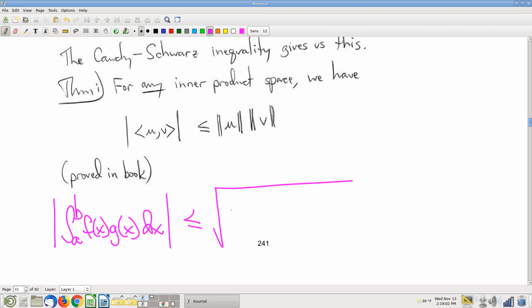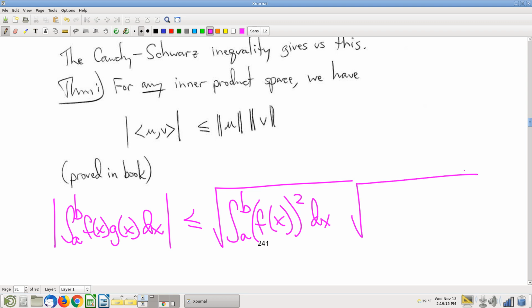Okay, I'm already kind of weirded out by this. The square root of the integral from a to b of f of x squared dx, times the square root, that being this next magnitude, of the integral from a to b of g of x squared dx.